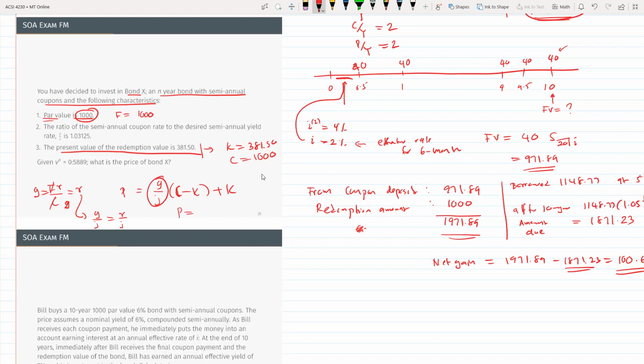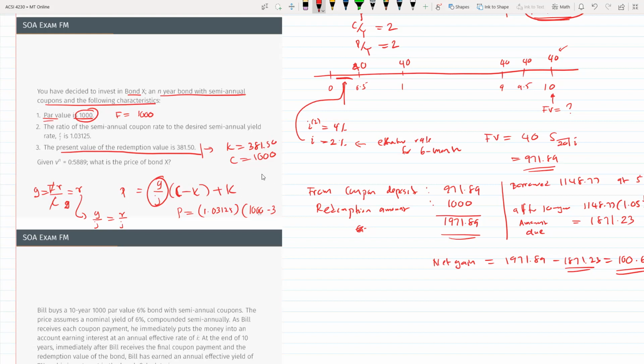So the price becomes what? 1.03125, and C is 1,000, K is 300.